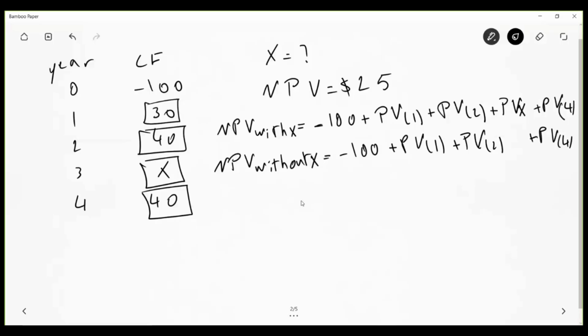So as you can see, when I compute the NPV without X, I can later on compute PV of X as the difference between the two values.